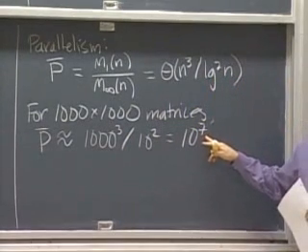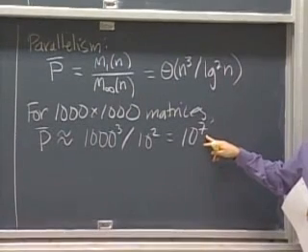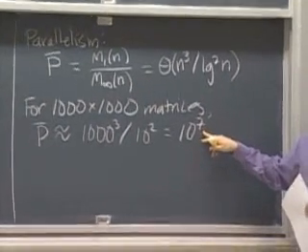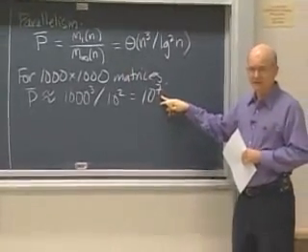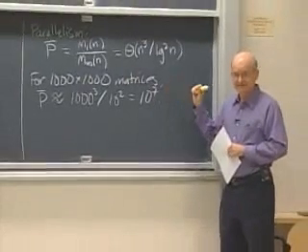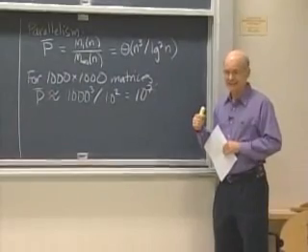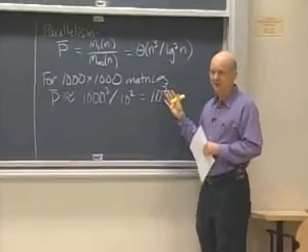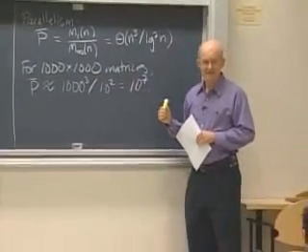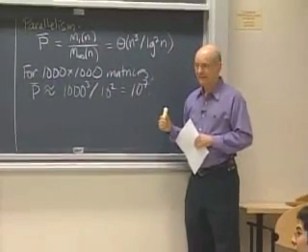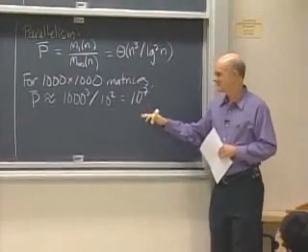So how big is 10 to the 7th? 10 million processors. So who knows of a machine with 10 million processors? What's the most number of processors anybody knows about? Yeah, not quite. The IBM Blue Gene has a humongous number of processors, exceeding 10,000. Those were 1-bit processors.